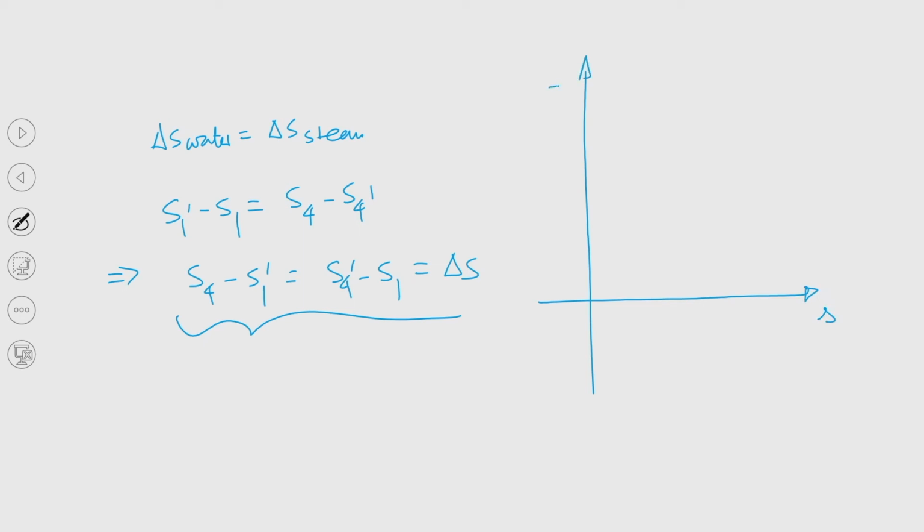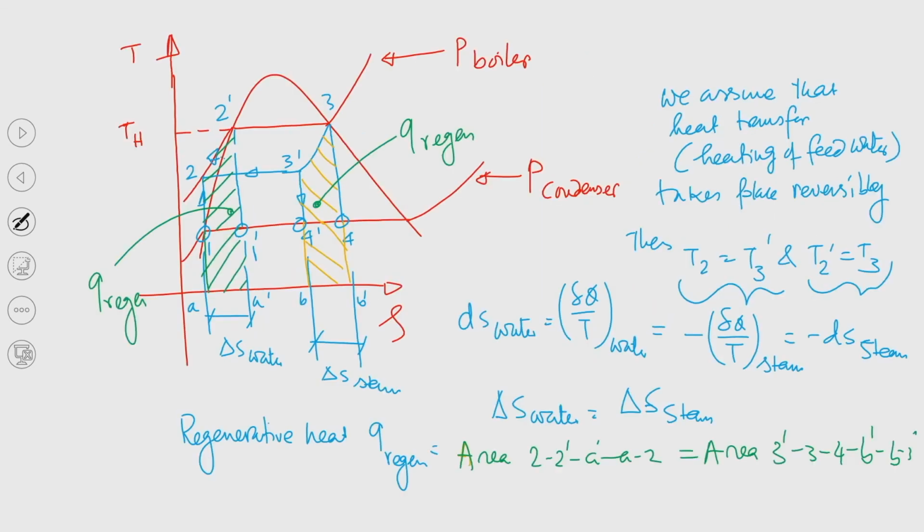This is TS. Okay. So, if we try to draw.